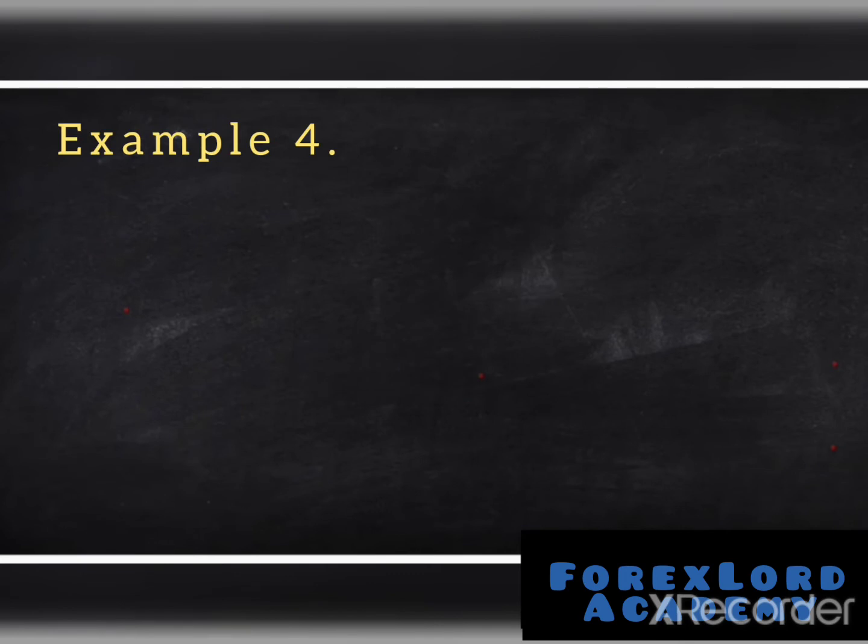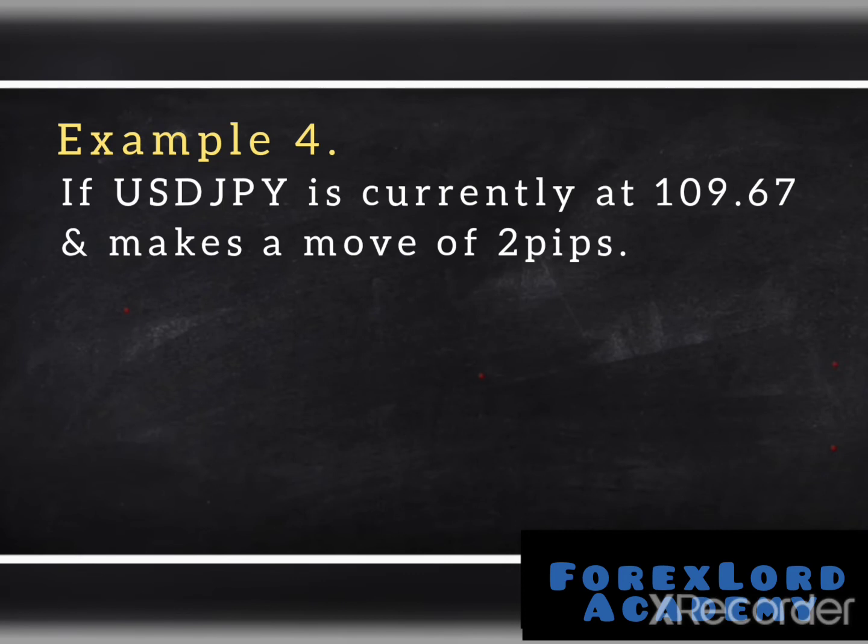Examples of JPY pairs. If USD JPY is currently at 109.67, ooh la la. Some of you are like, oh, I'm not seeing it. Mr. Forrest Law said pips are calculated from the 4th decimal place. What is happening here?